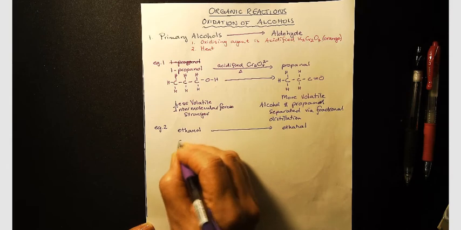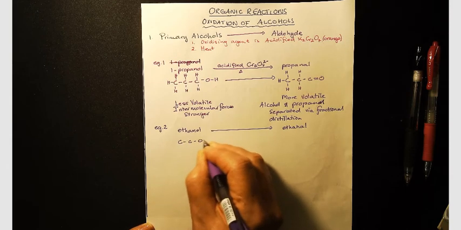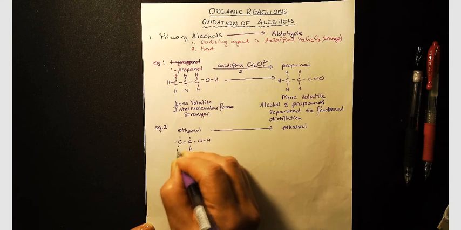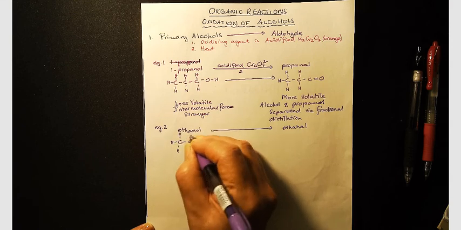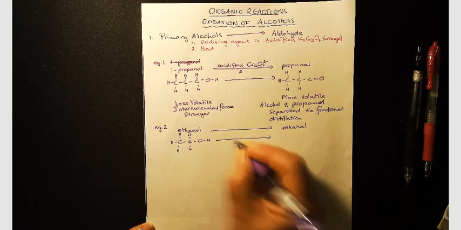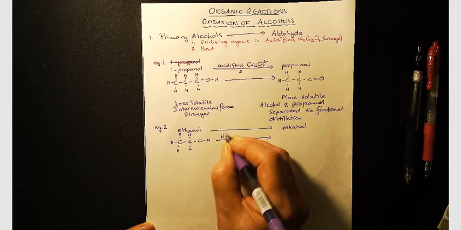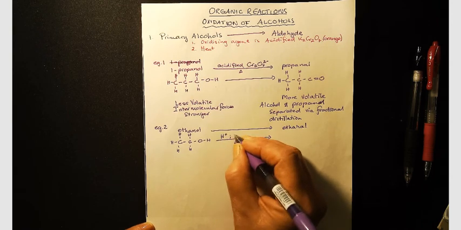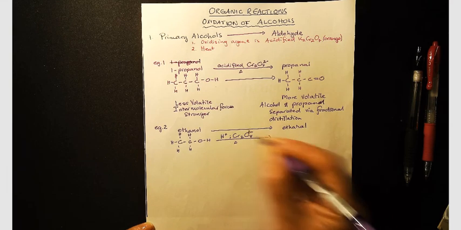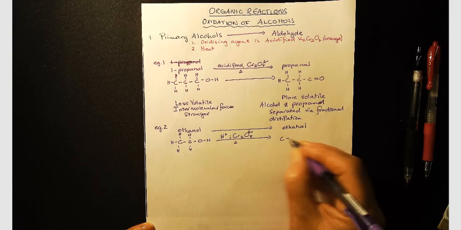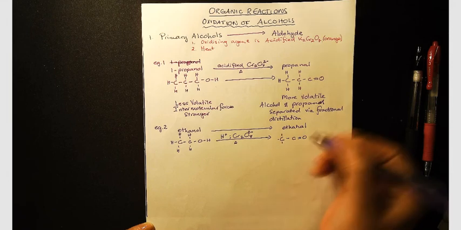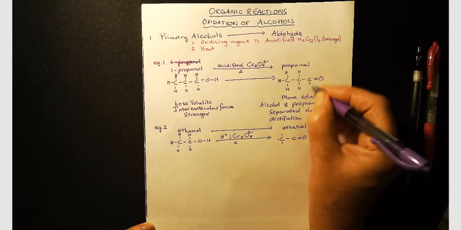So your ethanol, in the presence of some heat energy and acidified dichromate solution, will turn into ethanal. And I'm missing a bond on this carbon.